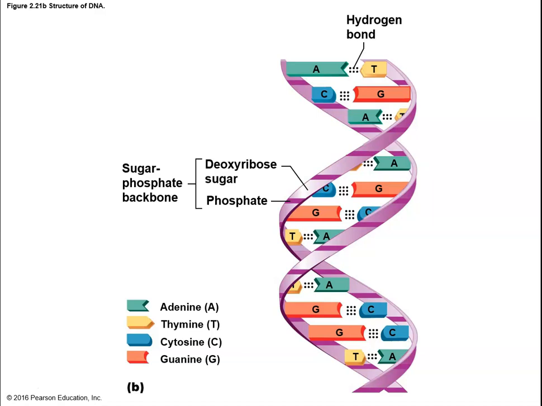We can look here at the bigger picture. DNA is basically just a long string of these hydrogen bonds. Remember, that's an attraction between the positively charged hydrogen and a negatively charged something else going on here in this very important and certainly very complex molecule.